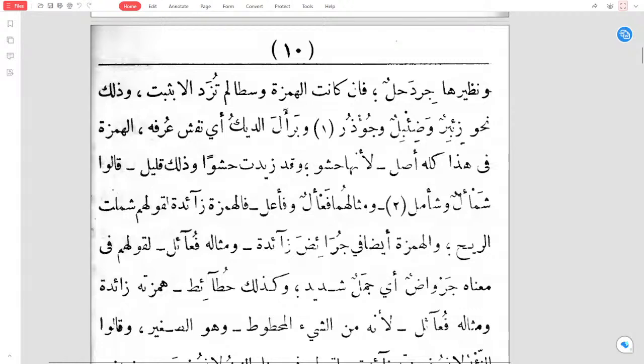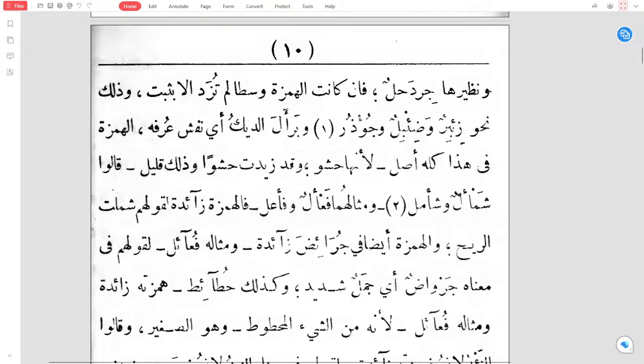والله أعلم. فإن كانت الهمزة وسطا لم تزد إلا بثبت. If the hamza is in the center of the word, then it will not be zaid except if we have a proof that it is a zaid.